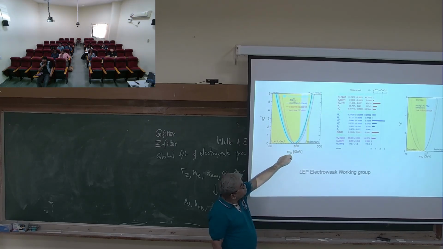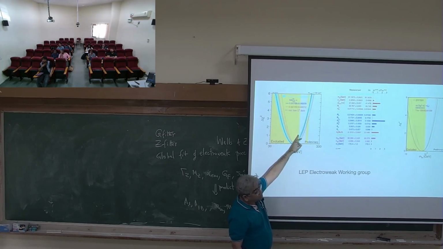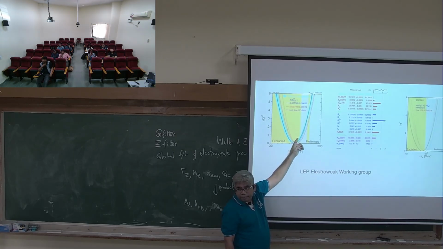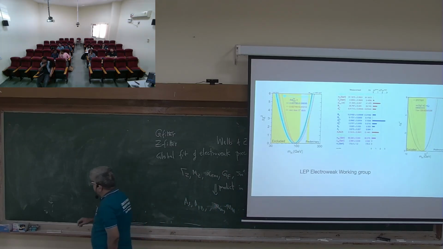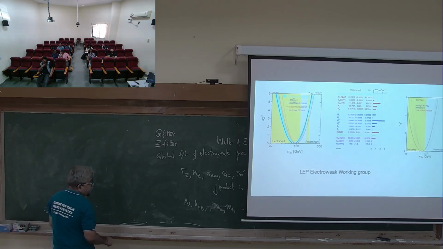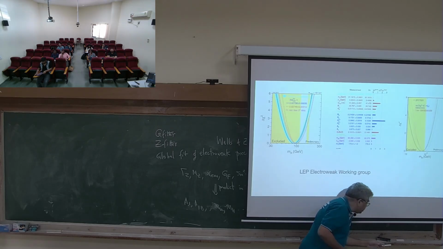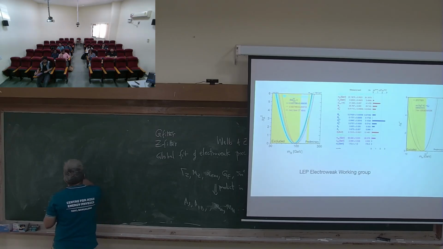Okay. Now this yellow band is the band where the Higgs was ruled out by the LEP direct measurement. So the LEP direct measurement goes through a process called Z-star to Z Higgs. So what is that process?